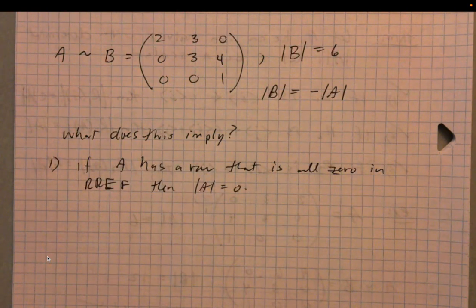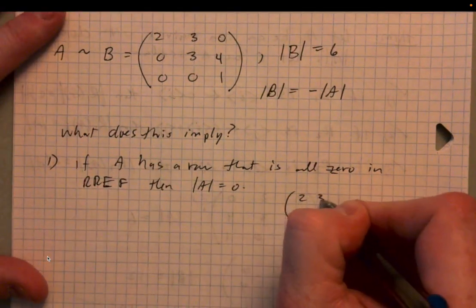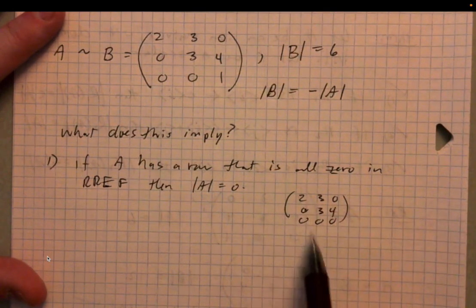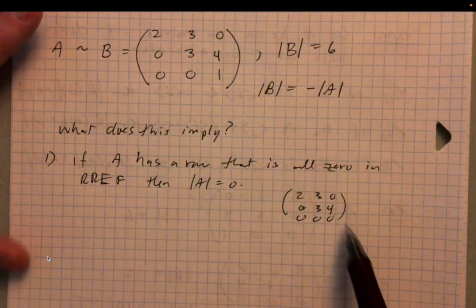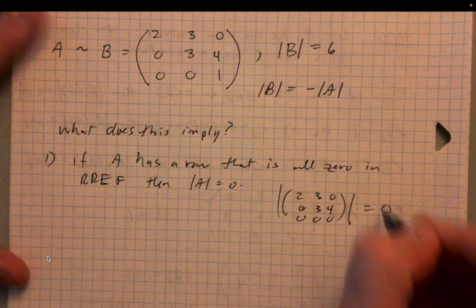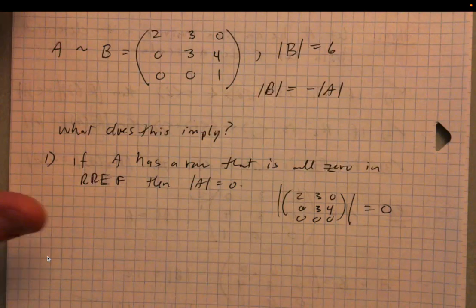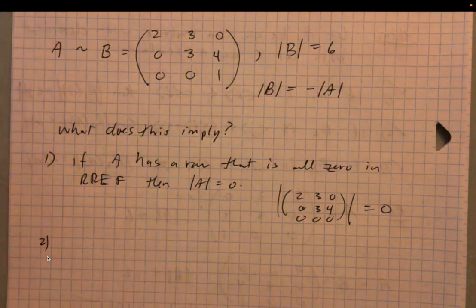That's because if you had a situation like this, this is upper triangular, and 2 times 3 times 0 equals 0. So if you have a matrix where one of the rows produces an independent variable, then the determinant must be 0.